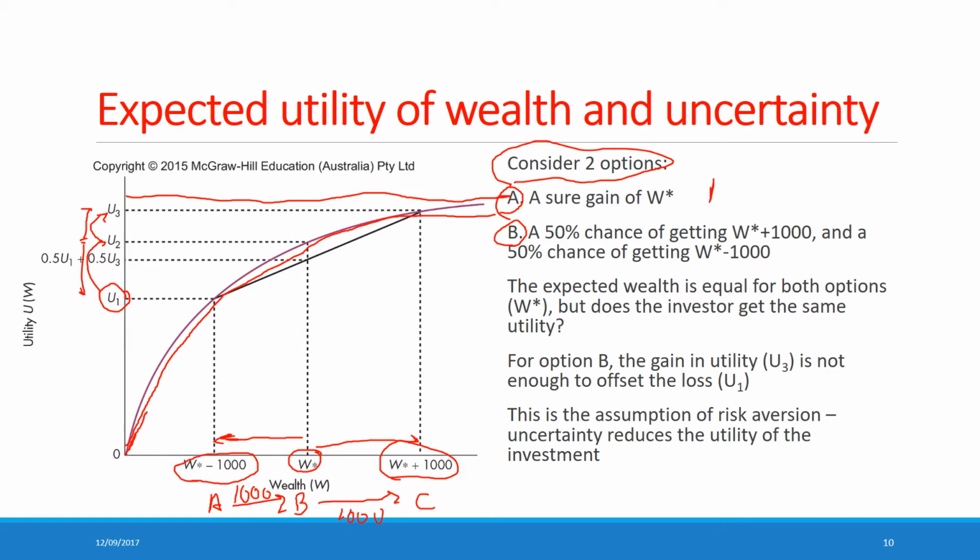The expected wealth from these two outcomes is the same, which is W star. But for an investor with a diminishing marginal utility function, the utility from option B would be different from the utility from option A.